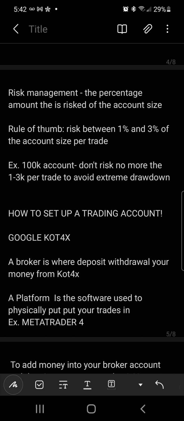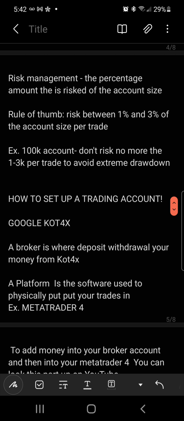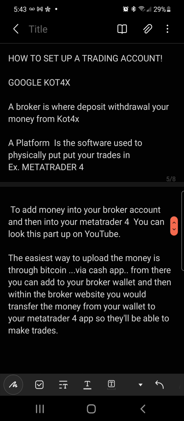And if you have great risk management and proper analysis, it's really hard to lose or blow your account so fast. For example, if you have a 100K account, do not risk more than $1,000 to $3,000 per trade to avoid extreme drawdown, using those lot sizes that I just showed you a few seconds ago.